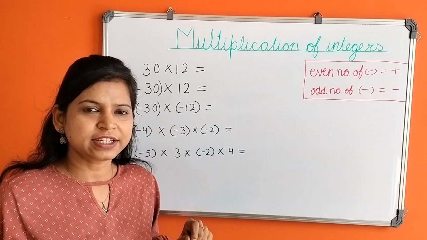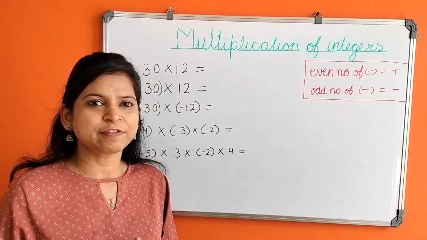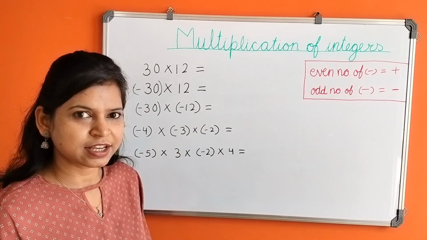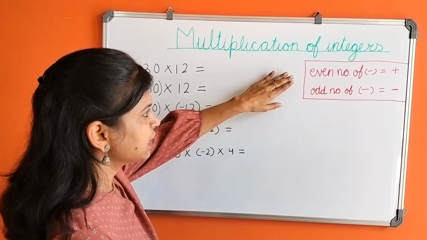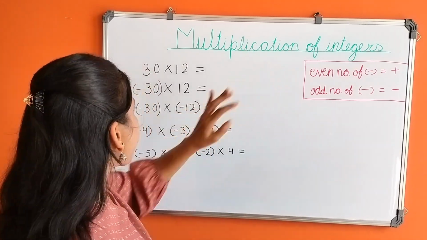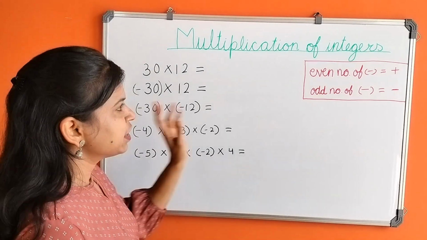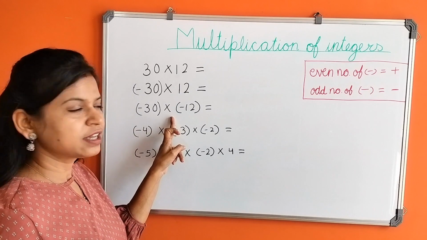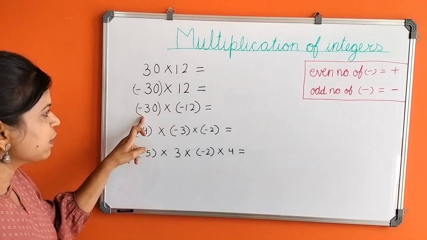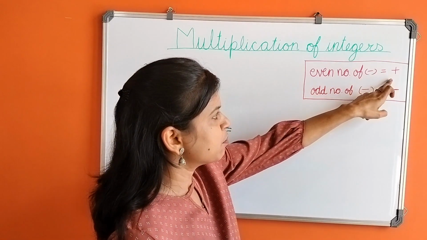To multiply integers, first we have to multiply the numbers, then we will multiply the signs. To multiply the signs, we have one simple rule: we have to check how many negative numbers are there in the question. If there are an even number of negative numbers, like 1, 2, then our answer will be positive.